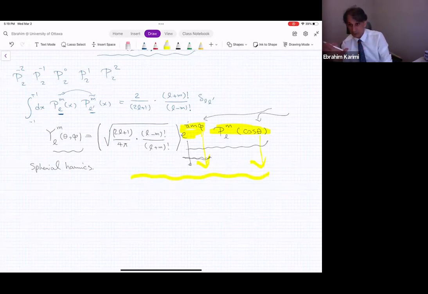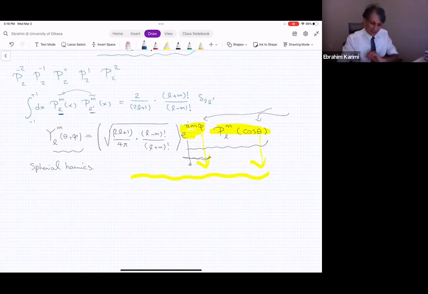And that's very, very important because you can use it in quantum mechanics, you can use it in electrodynamics, you can use it in classical dynamics. Anytime that you want to do an expansion in spherical coordinates, you need them.